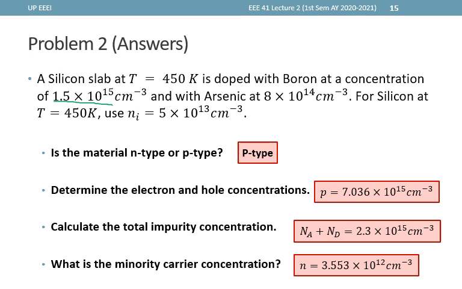Now, after solving for P, we were also able to solve for the electron concentration using the law of mass action. The total impurity concentration is simply the sum of Na and Nd, and the minority carrier concentration is simply N, since this is a p-type semiconductor.